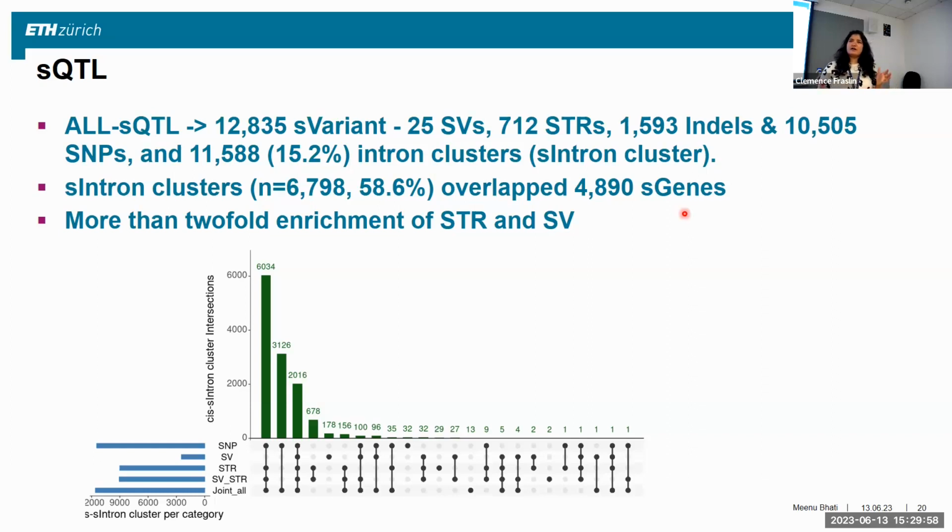So rather than performing it at a gene level, I performed the whole analysis only on the intron clusters and just checked how many overlap. And here you could see that the number of intron clusters is very similar to what we observe with the eGenes. It's also shared a lot among SNPs, SVs, STRs, and joint all, and a lot observed only with the SNPs, and very few with the SVs, which are sometimes only identified by them.